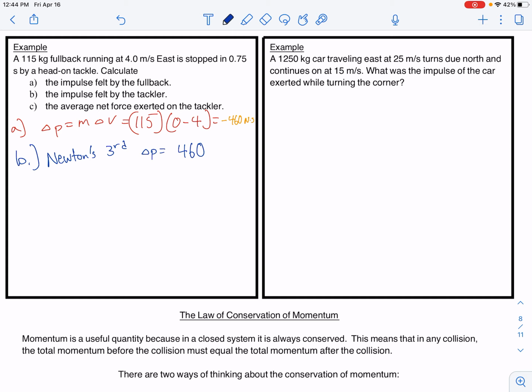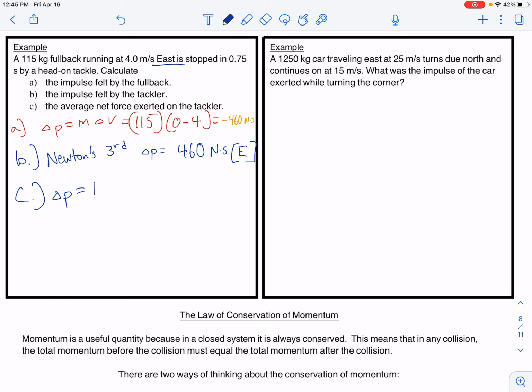So we see that the player was running east. So in this case, as they come into contact, instead of being negative 460 newton seconds, it's going to be 460 newton seconds. Still moving east.